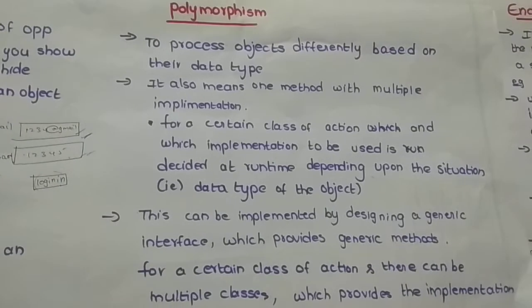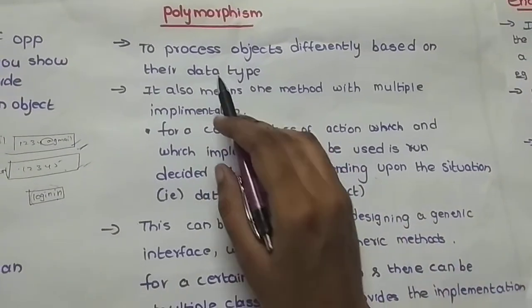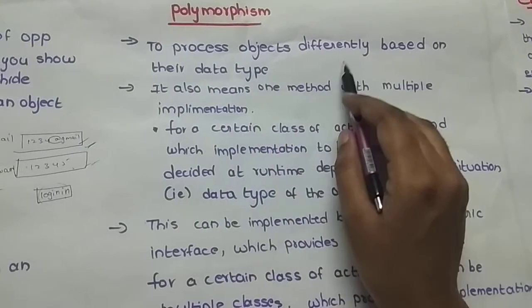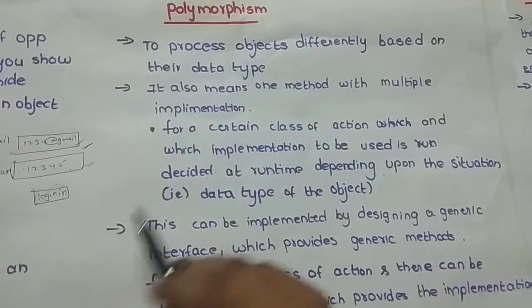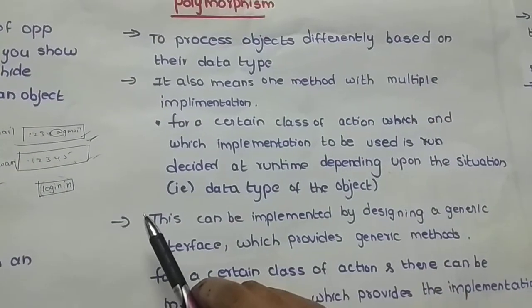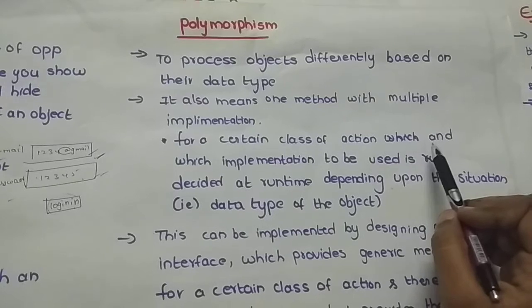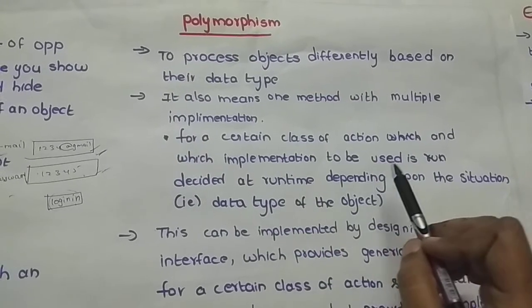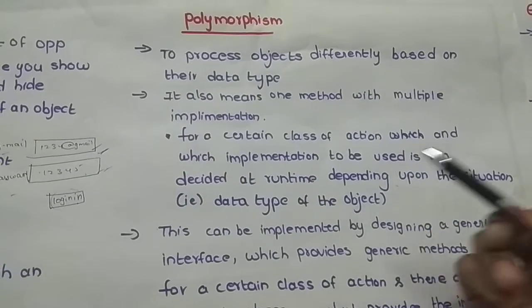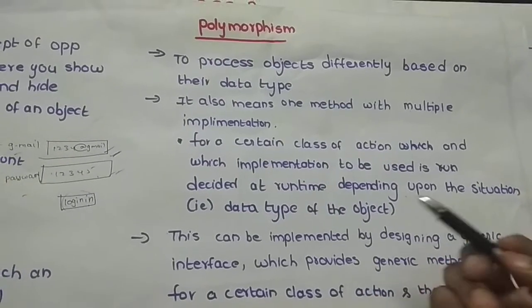Now let us discuss polymorphism. Polymorphism means to process objects differently based on the data type. It also means one method with multiple implementations for a certain class of action, and which implementation to be used is decided at runtime depending upon the situation, that is, the data type of an object.